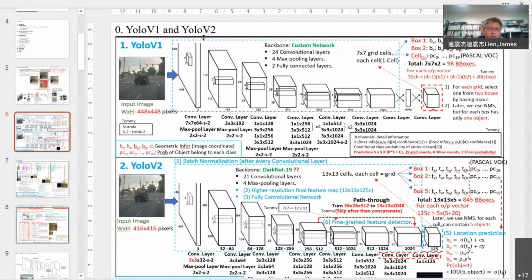For YOLO V1, we input this one. They use a backbone, a custom network, but it's easy.